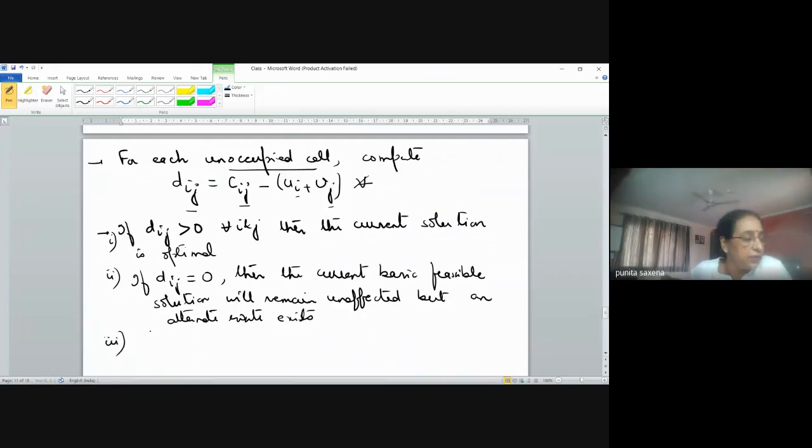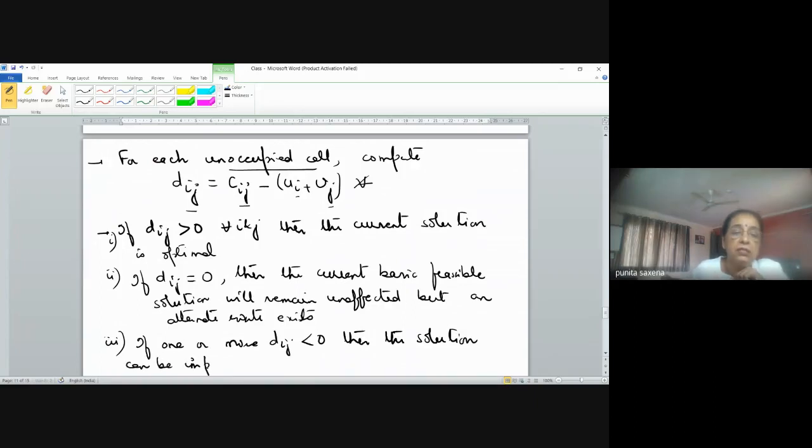Now comes the third one. That means if one or more Dij is less than 0, which has happened in this case, you have got two Dijs which are negative. Then this becomes the case when the solution can be improved.